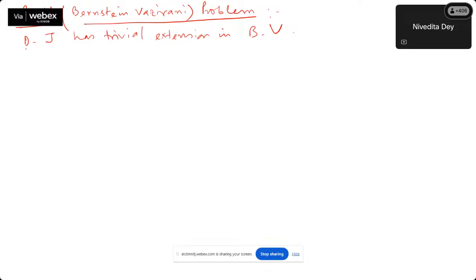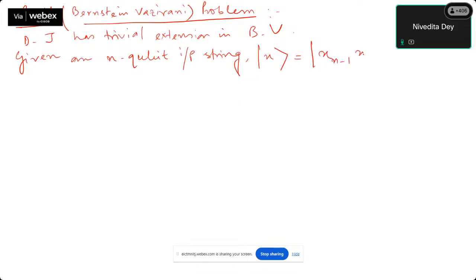The problem statement is: given an n-qubit input string x equals x_{n-1}, x_{n-2}, ..., x2, x1, x0, from MSB to LSB, this is how it will look.